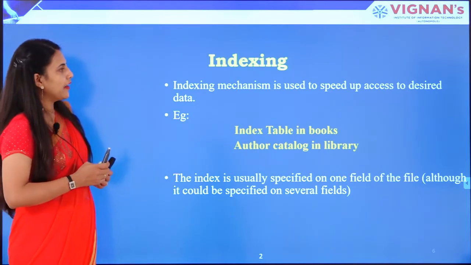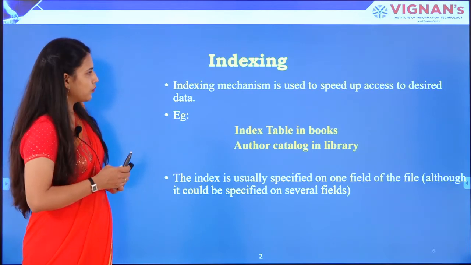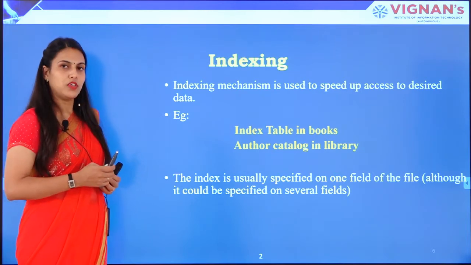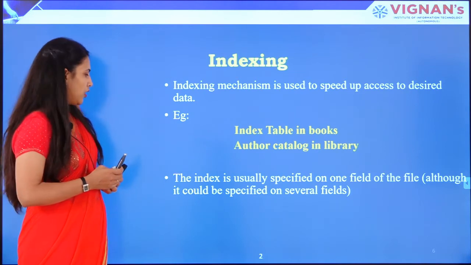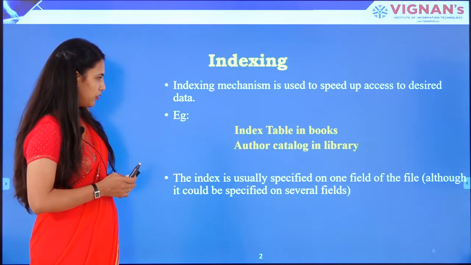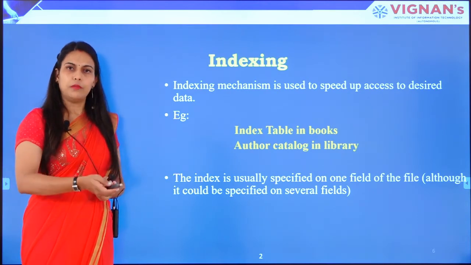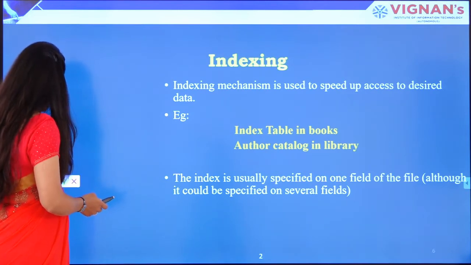The indexing mechanism is used to speed up access to desired data. The index is usually specified on one field of the file. An index table is nothing but a table in itself.